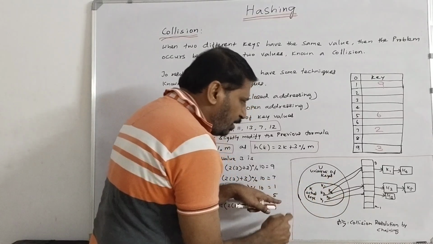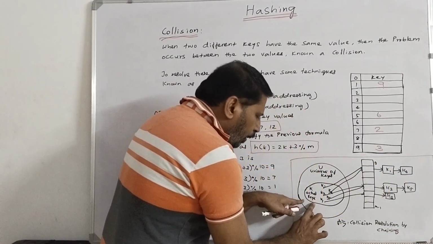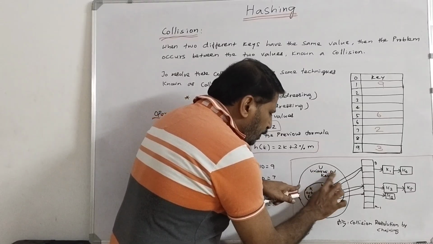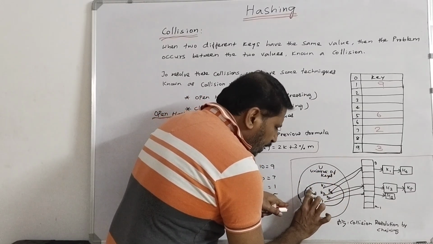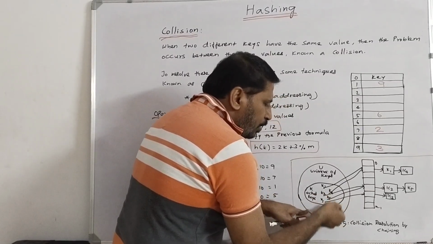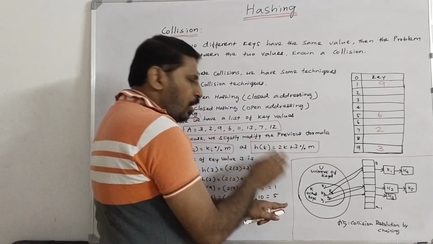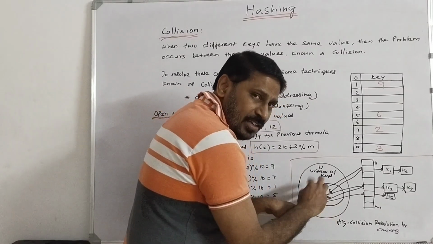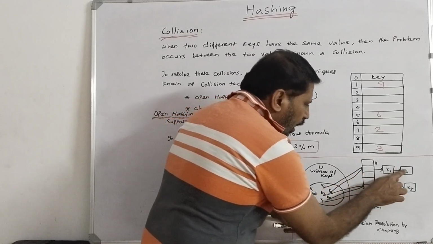What is the chaining method? Just consider this diagram. This is the universe of keys, and K1, K2, K3, K4, K5 are the actual keys. Suppose I take K1 and K4.